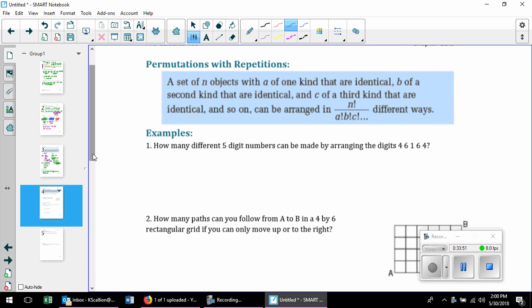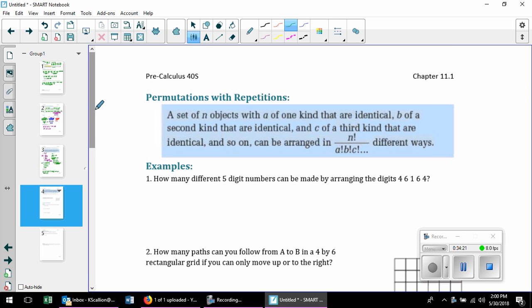All right. Permutations with repetitions in it. A set of n objects with A of one kind that are identical, B of the second kind that are identical, and C of the third kind that are identical, and so on, can be arranged in this format in different ways.